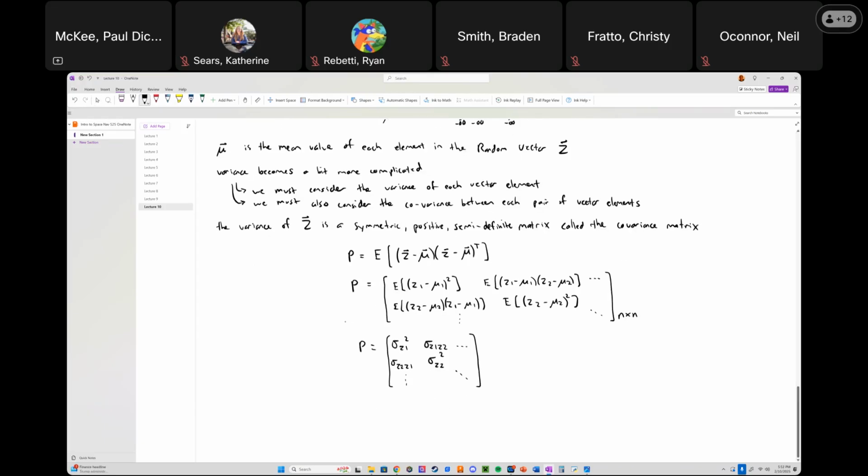Diagonal terms are called variances, and the off-diagonal terms are called covariances.